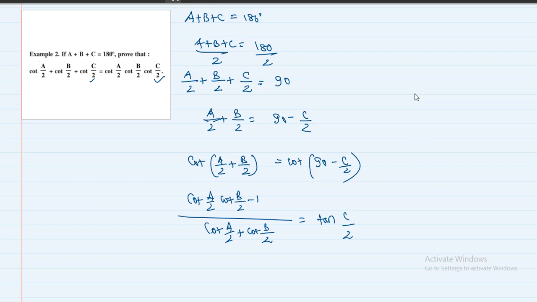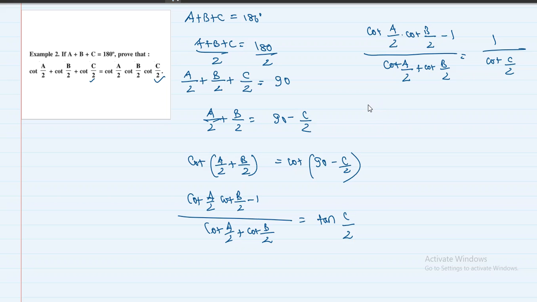So here we'll write cot of A/2 into cot of B/2 minus 1, the whole upon cot A/2 plus cot B/2, is equal to 1 upon cot C/2.